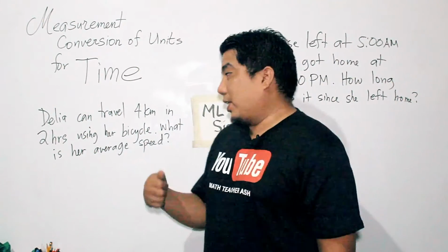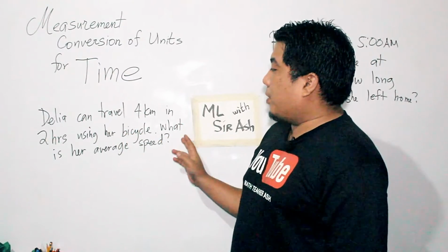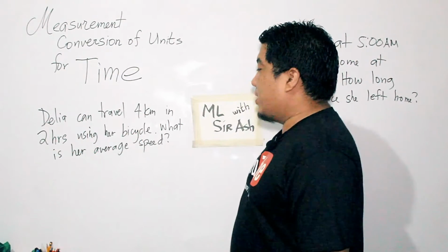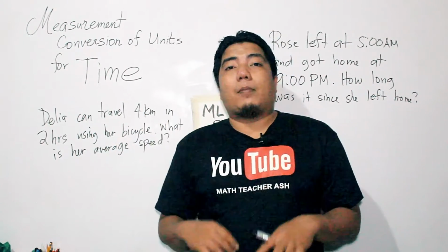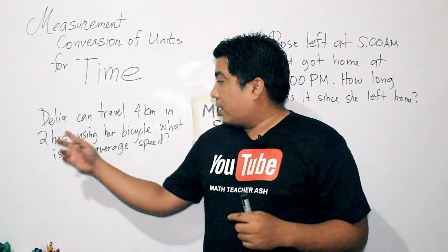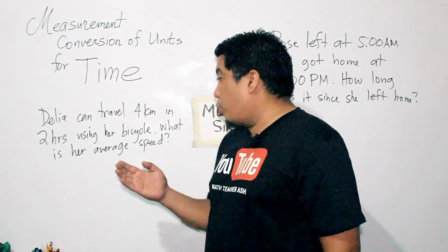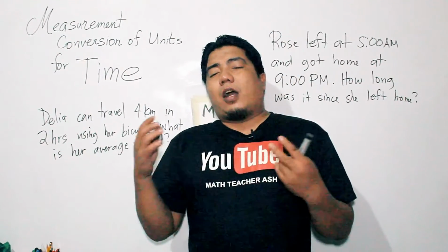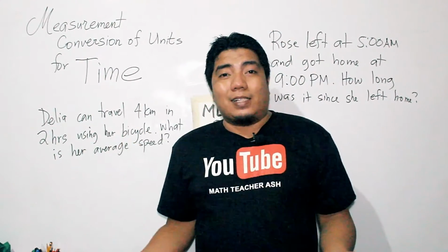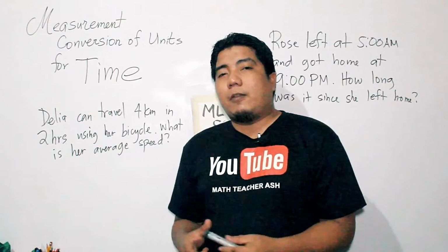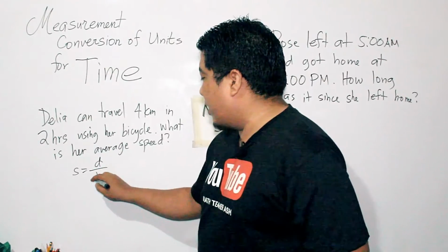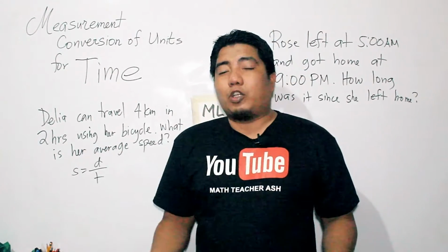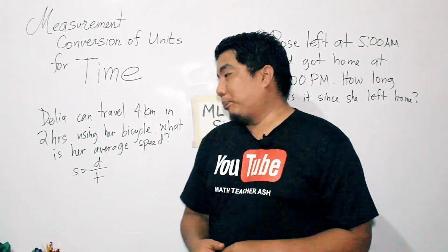The first one is, Delia can travel 4 kilometers in 2 hours using her bicycle. What is her average speed? So as you can see, we are talking about distance, time, and the unknown is speed. If we consider our lesson in our science, which is all about speed, the speed is equal to distance over time, or the ratio of the distance and time.